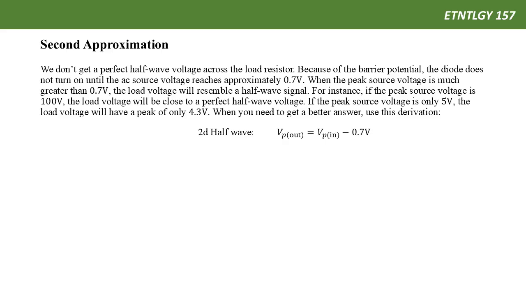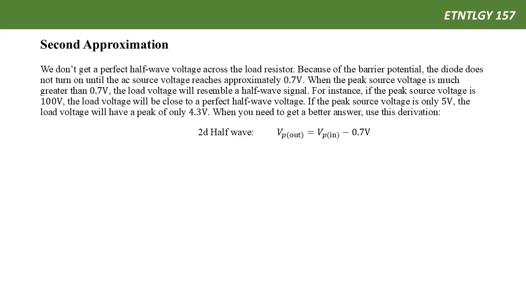In the previous study, we used the first approximation of the diode to learn this rectifier circuit. But most of the time, we need to get a more accurate answer, and it's time to use the second approximation. For the second approximation, we don't get a perfect half-wave voltage across the load resistor because of the barrier potential.